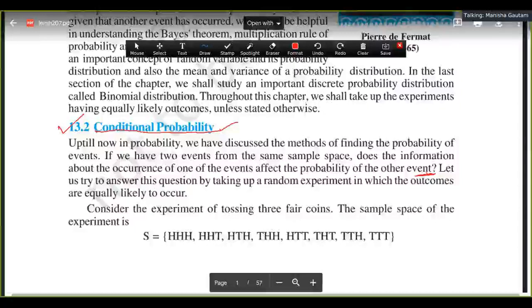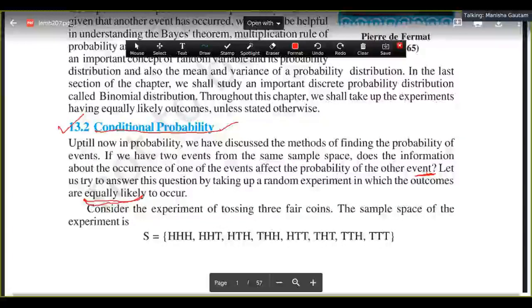Let us try to answer this question by taking up a random experiment in which the outcomes are equally likely to occur. As you know, what is the meaning of equally likely? Each and every result has its probability the same. If the number of outcomes is 10, then each and every element has the same probability.